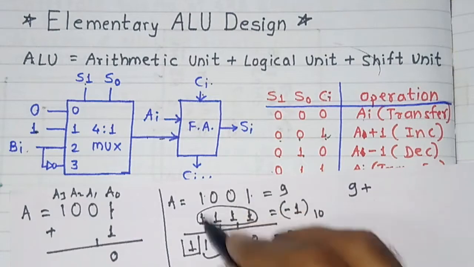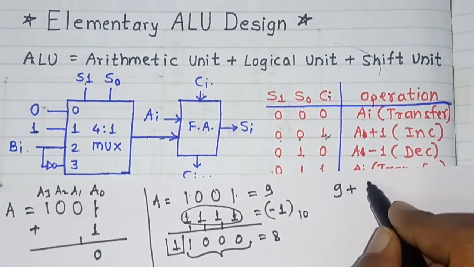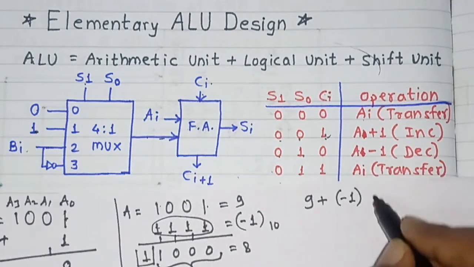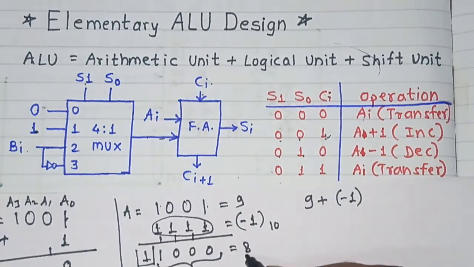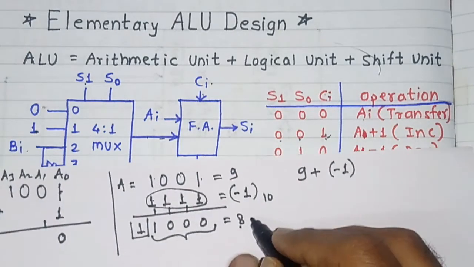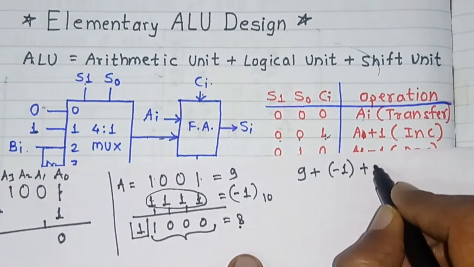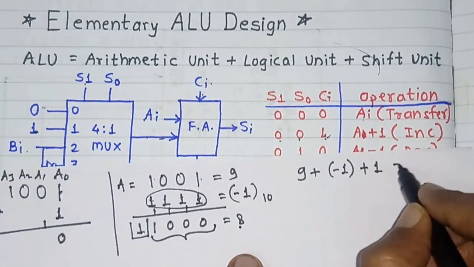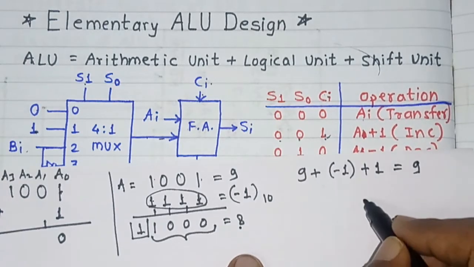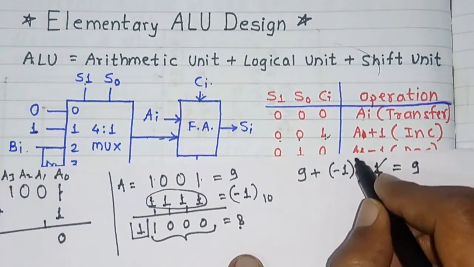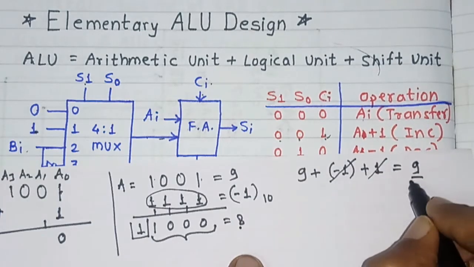I am talking about this example. If you add -1, then the result will be 8, that we have seen. But if you add 1 into it, then what will happen? The result will be again 9. So this 1 will be cancelled with this -1, so the result will be 9.